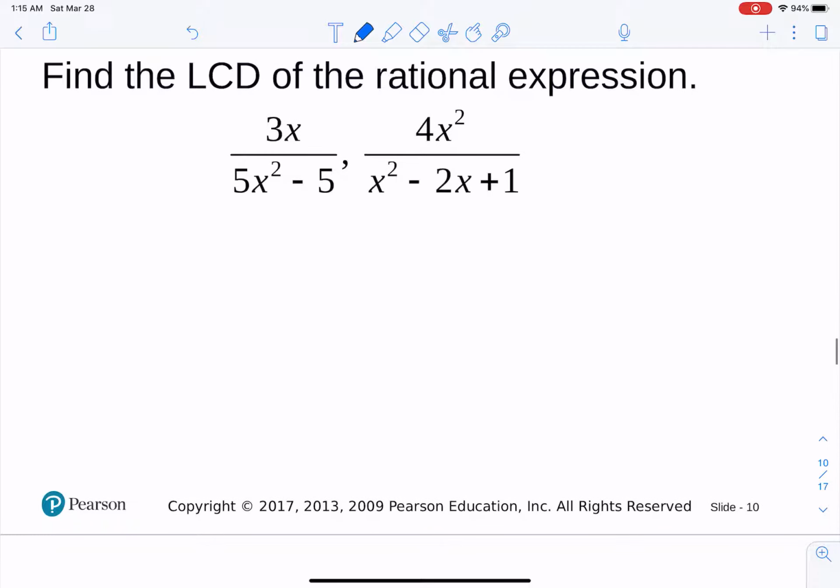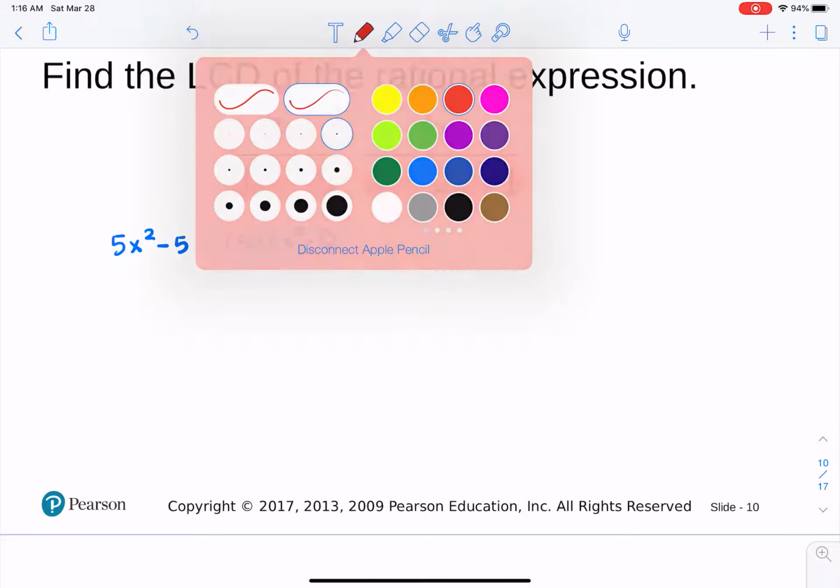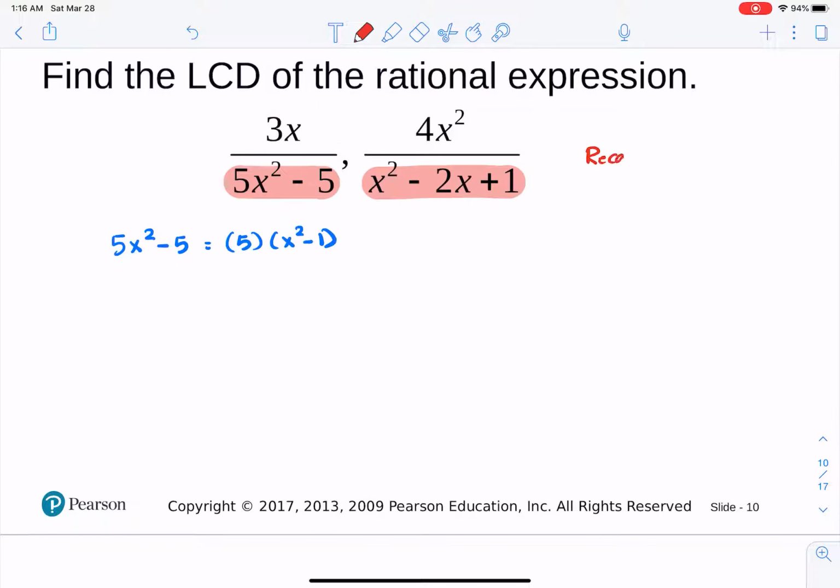Here is another example. The denominators are not identical. So we have 5x squared minus 5, which I could write as 5 times x squared minus 1, because we have a 5 in common. If you recall, a squared minus b squared can be written as a plus b times a minus b.